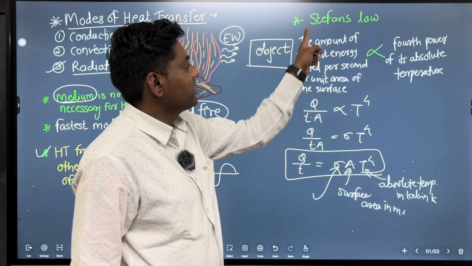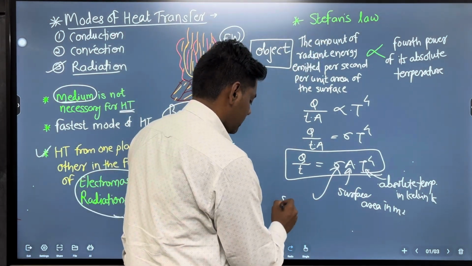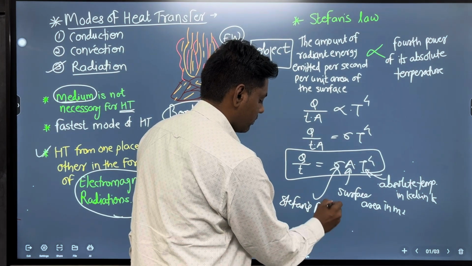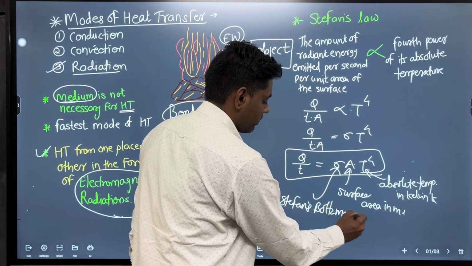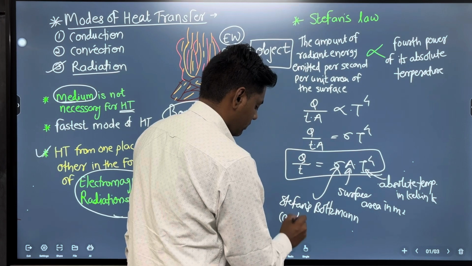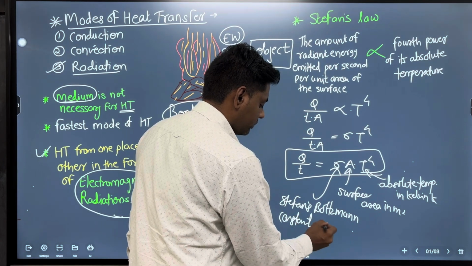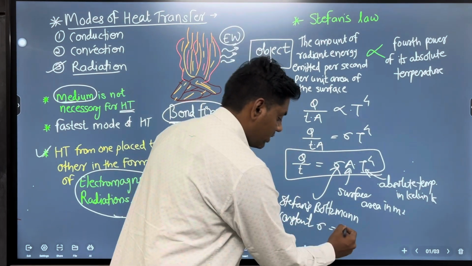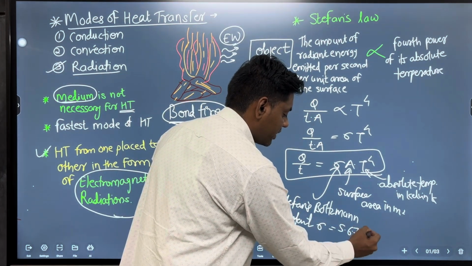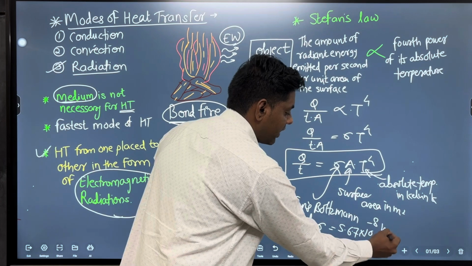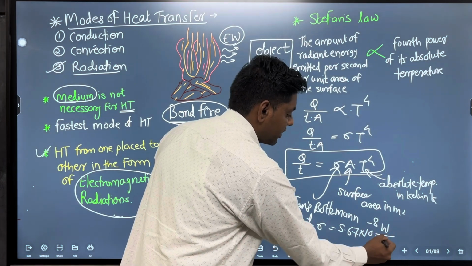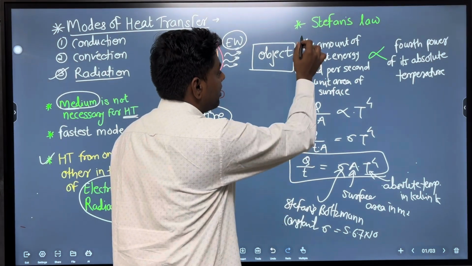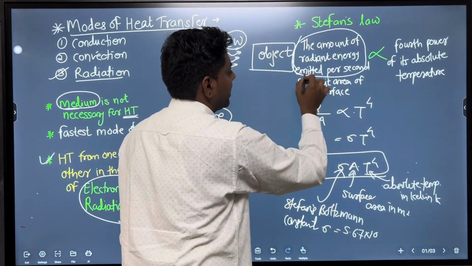Sigma is the Stefan-Boltzmann constant. Remember the value of the Stefan-Boltzmann constant, that is 5.67 into 10 raised to minus 8 watts per meter square Kelvin raised to 4. And lastly, Q by t means the amount of radiant energy emitted per second.